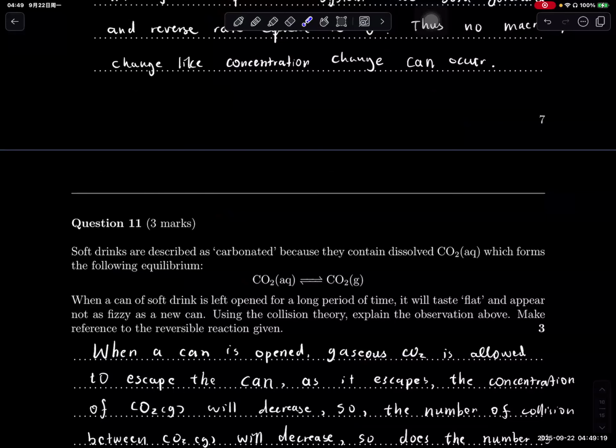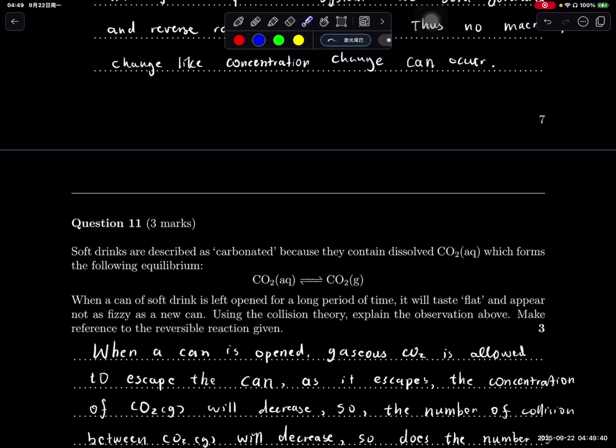Question 11. It says soft drinks are described as carbonated because they contain dissolved carbon dioxide, which forms the following equilibria. Okay, so it's carbon dioxide aqueous dissolved into carbon dioxide gas.